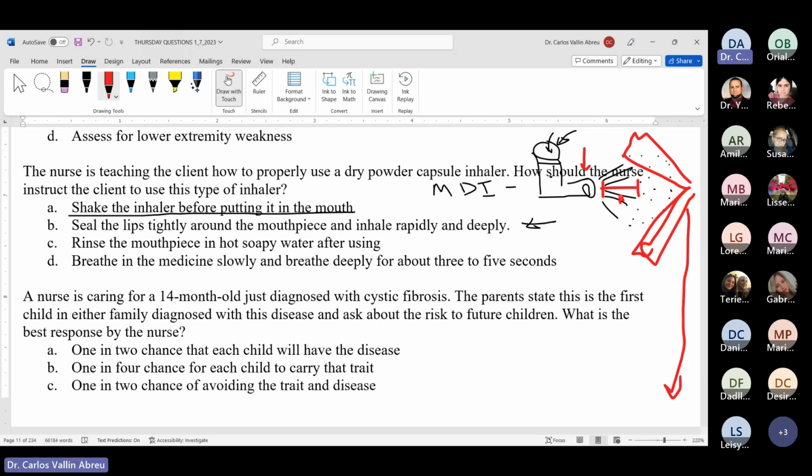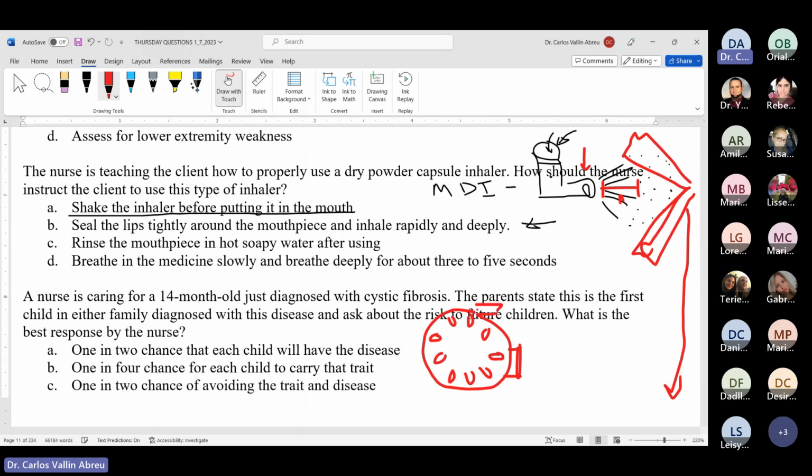The dry powders generally are discs, can be different, but the most common is the Advair, which is a disc that has a mouthpiece. Inside this disc, you have capsules of the medication that rotate when you activate a lever.